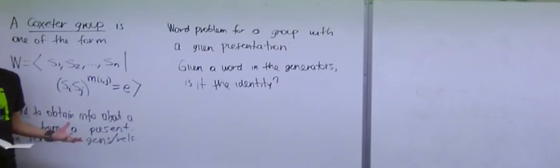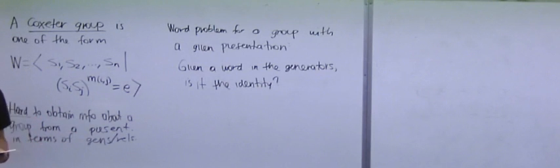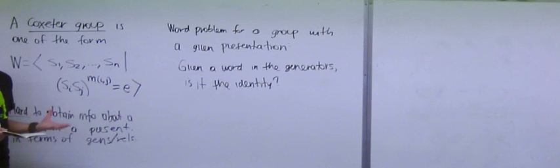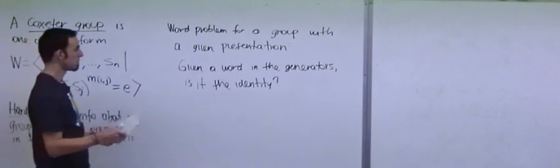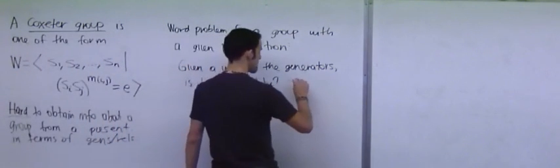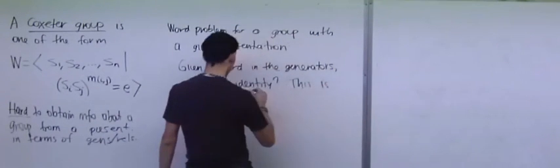Well, you would think this is a very natural question that we really should know how to answer. And the point is that actually this important question is very hard in general. It's so hard that actually no algorithm can do it for a general group. So this is undecidable. That's the technical word.